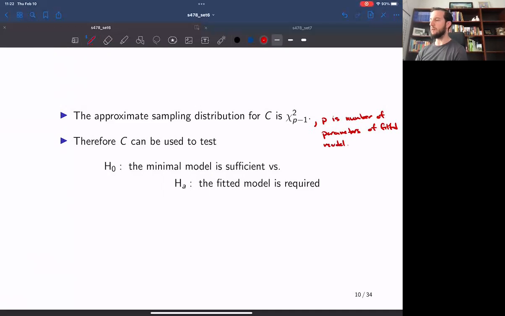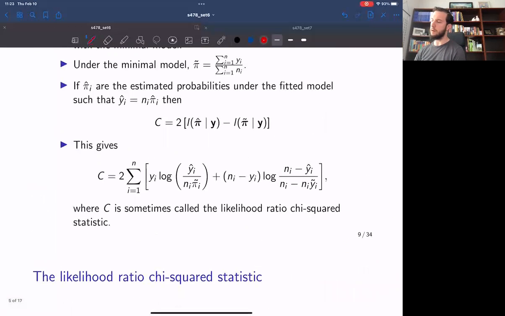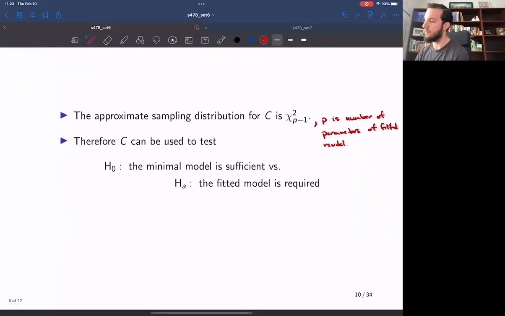That would make sense because the value C is the difference between the fitted model and the minimal model. So when we're computing the DF, we're basically saying the degrees of freedom for the fitted model, which is n minus P, minus the degrees of freedom for the minimal model, which is n minus 1. So we would have n minus P minus n minus 1, and we would end up with P minus 1 in that case.